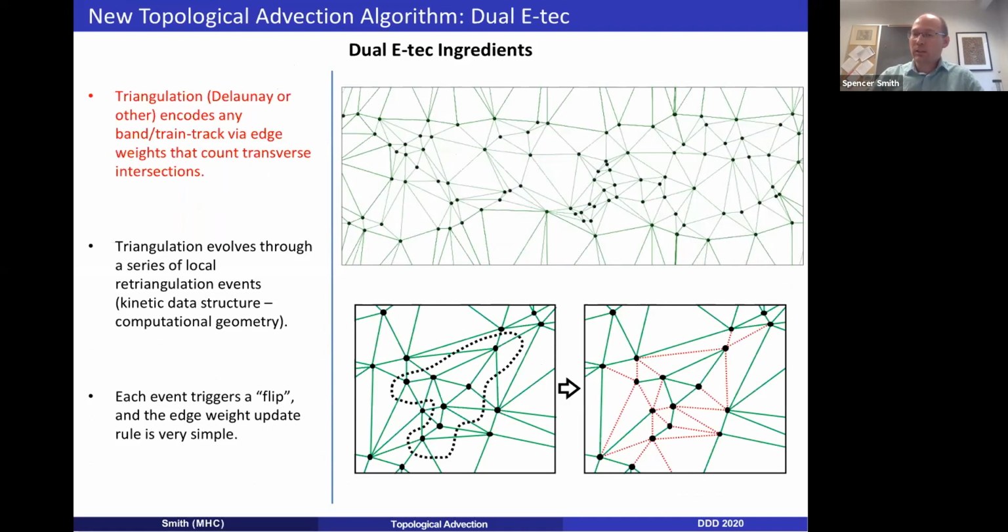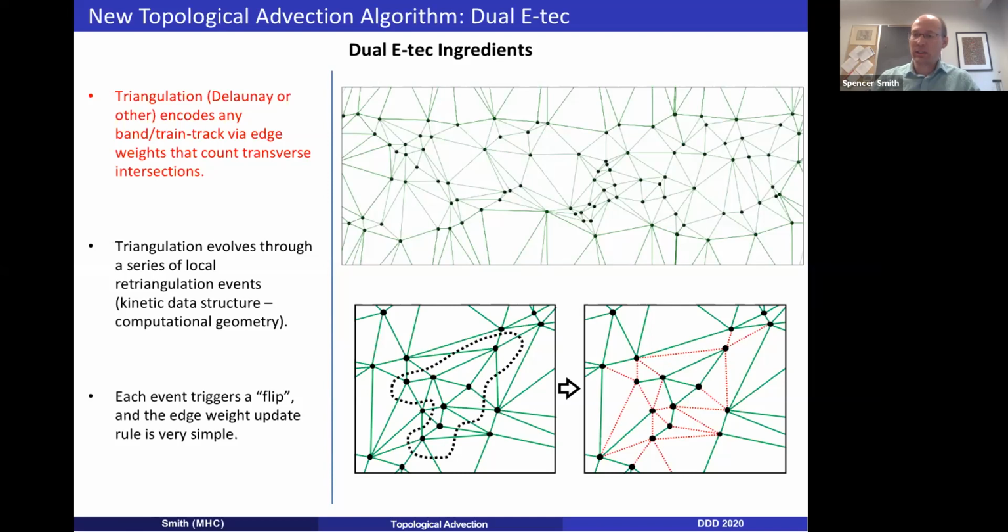The first one is that we likewise need to encode and have a coordinate system for loops. And what we do here is take the points, as you can see up here, and put a triangulation on here. This is in particular a Delaunay triangulation. It doesn't need to be, but this is a triangulation. And every time we have a loop, that's this dotted line, just a cartoon, for every edge that it passes through, you give it a weight of 1.